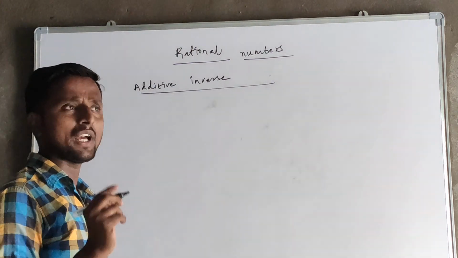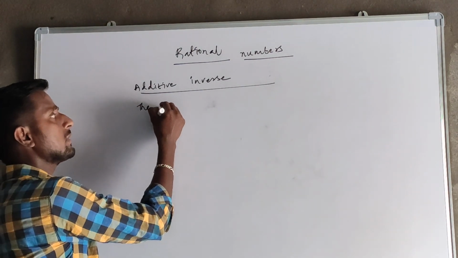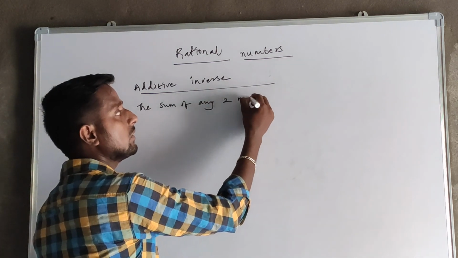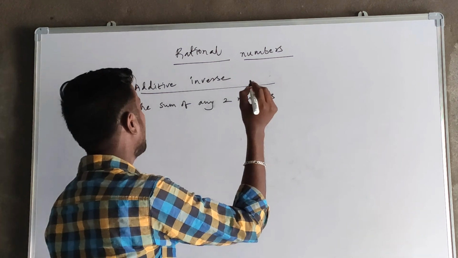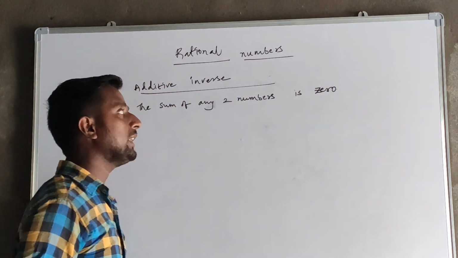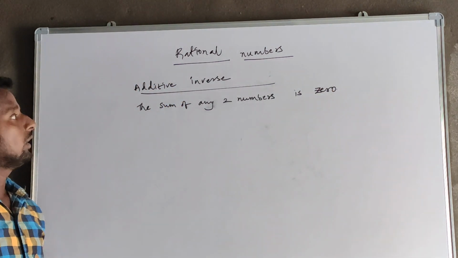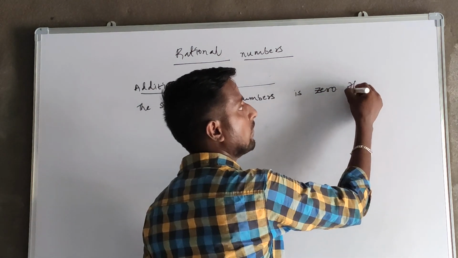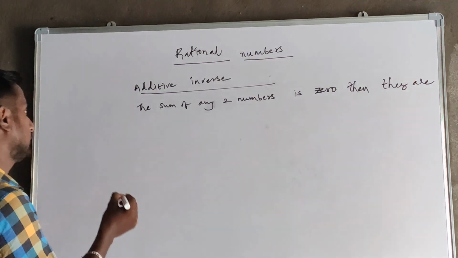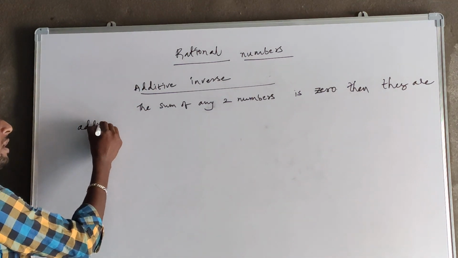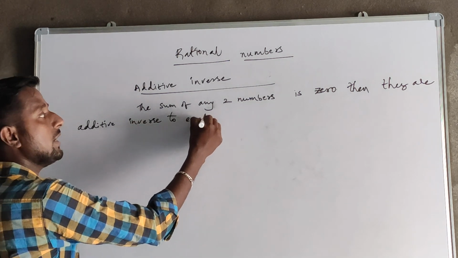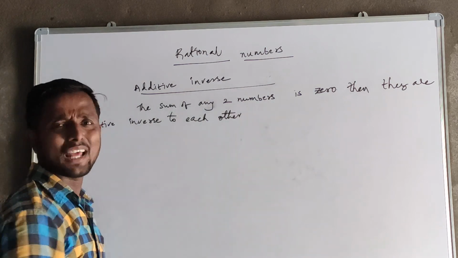The definition I'll write: if the sum of any two numbers is 0, then they are additive inverse to each other.